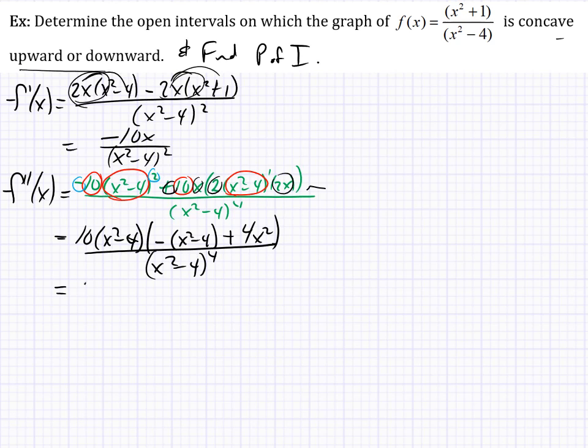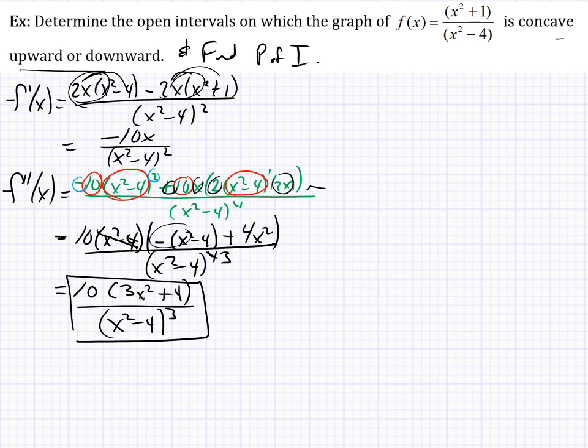So in total, these x squared minus 4's cancel. So I have 10 times, this will be 4x squared, this will be a minus x squared, so that gives me 3x squared plus 4 all over x squared minus 4 to the third. So that is my second derivative.